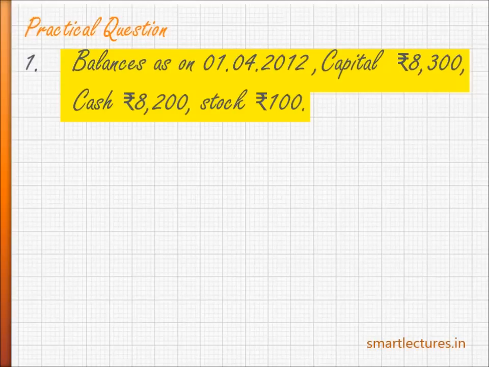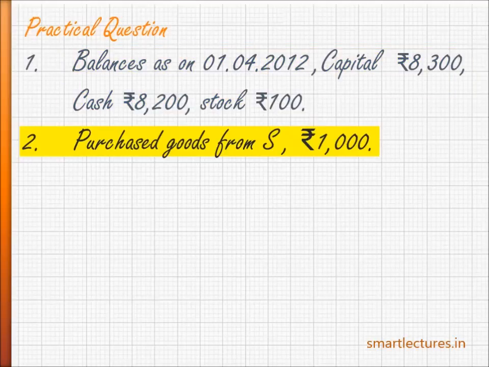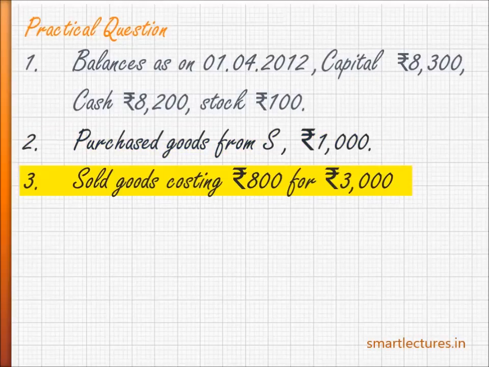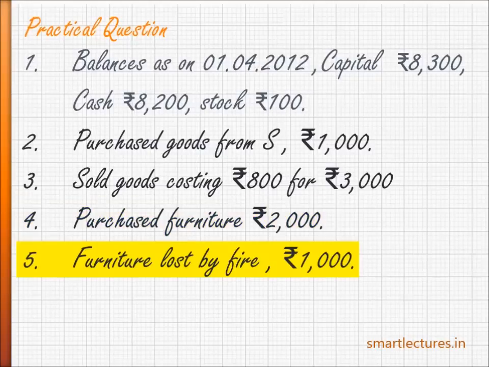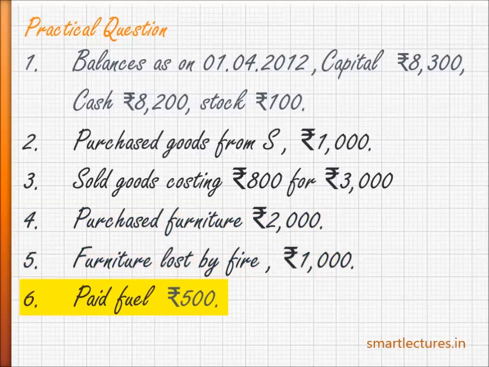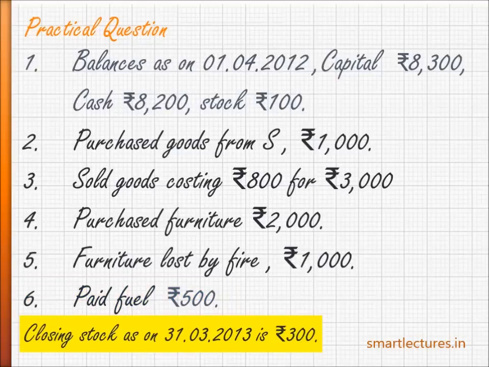Next transactions: purchased goods from S rupees 1,000, sold goods costing rupees 800 for rupees 3,000, purchased furniture rupees 2,000, furniture lost by fire rupees 1,000, paid fuel rupees 500, closing stock as on 31st March 2013 rupees 300.